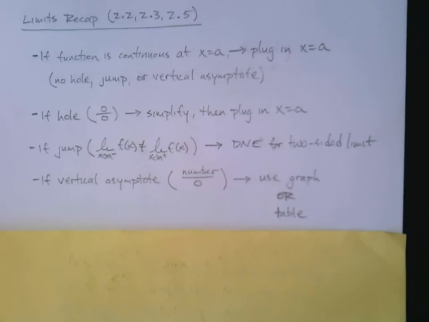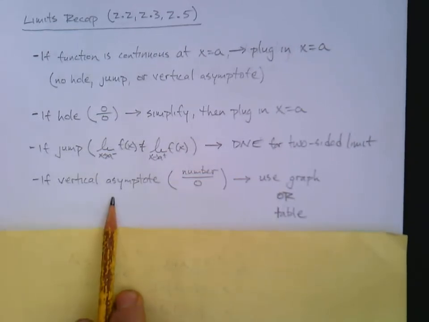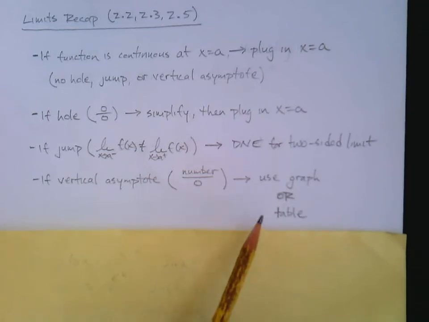Here's the thing. Graphs and tables, I see this every time I teach calculus. It's very natural to do. Students really like to use graphs, and they err towards tables as well. I think people think tables are an easier way to get to an answer versus simplifying. Tables and graphs are only appropriate for vertical asymptotes and in cases where simplifying is just not possible.